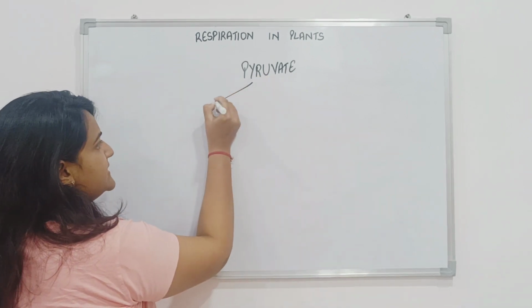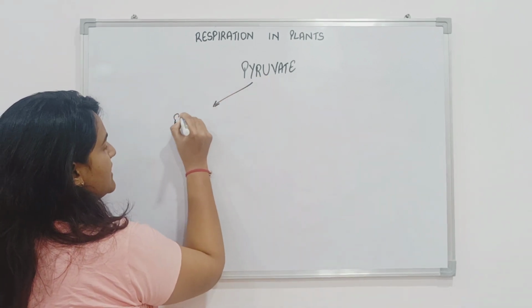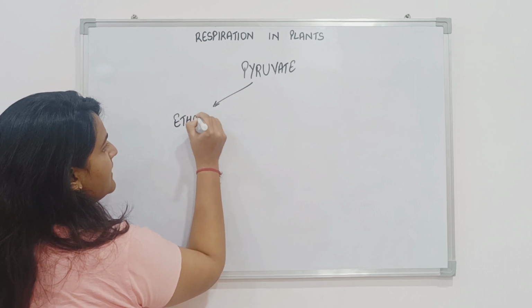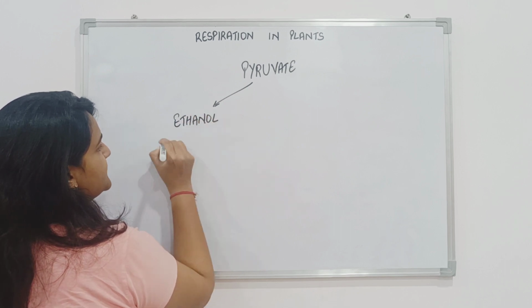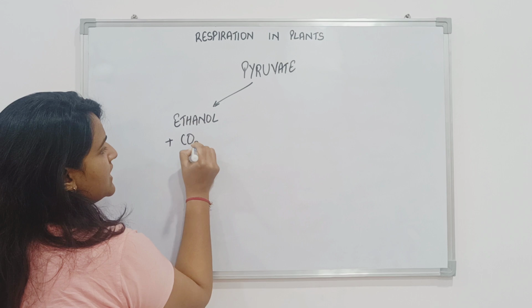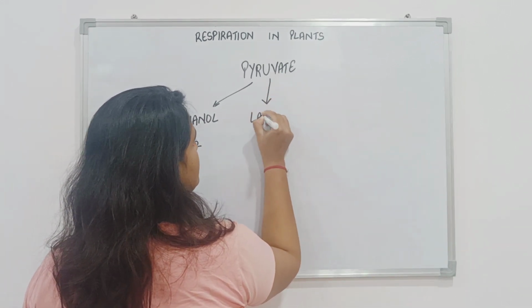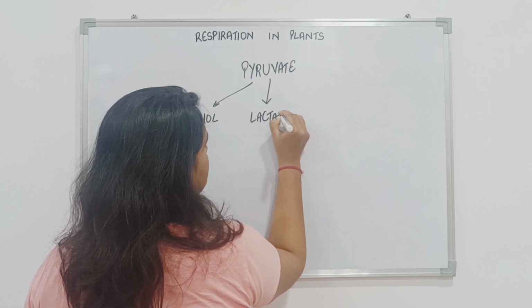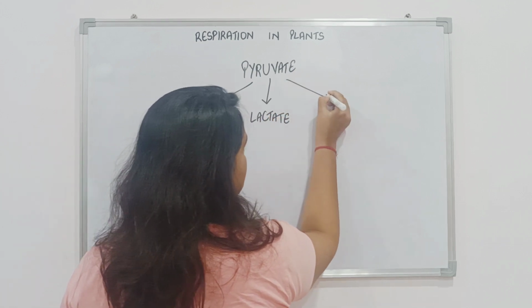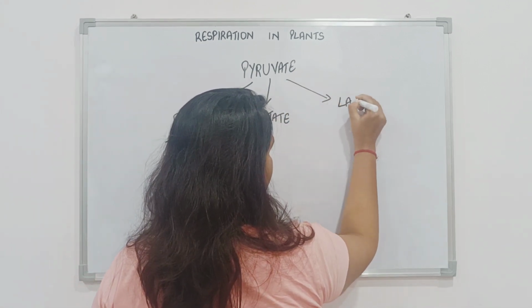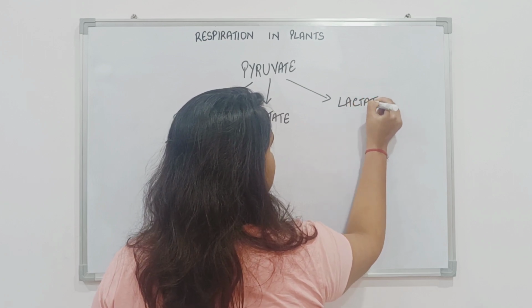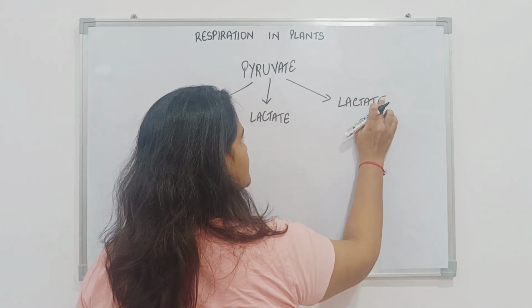The first one is ethanol. Ethanol is produced along with carbon dioxide. Second is lactate, and third is also lactate. Now why have I made this into two?